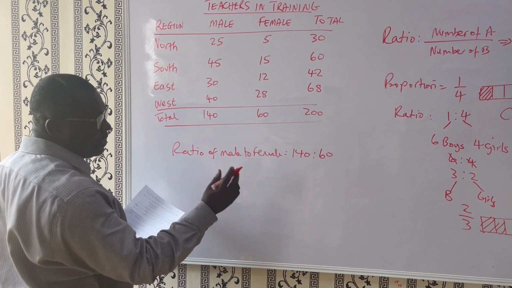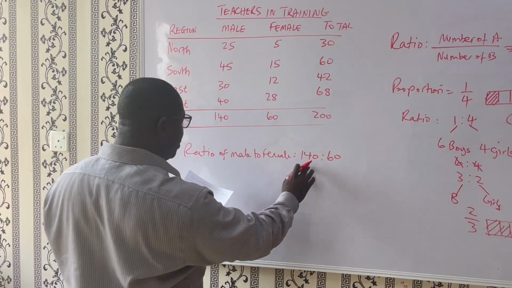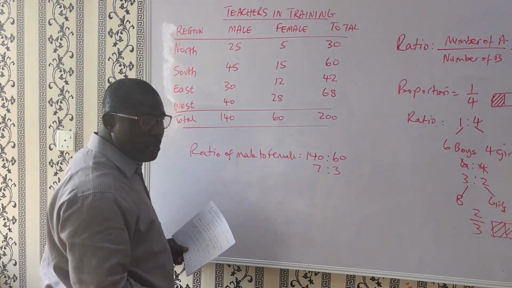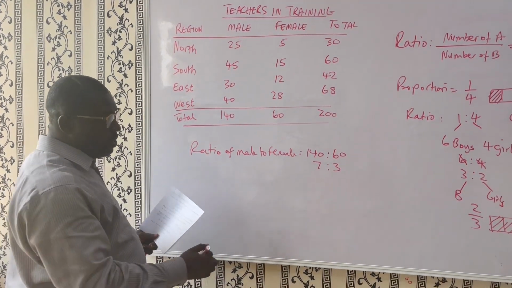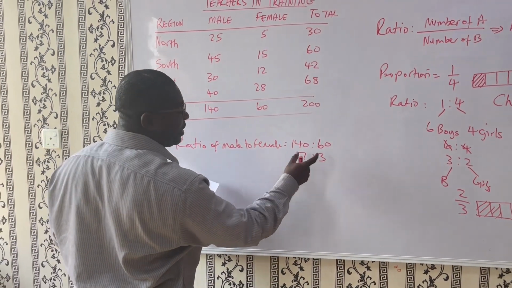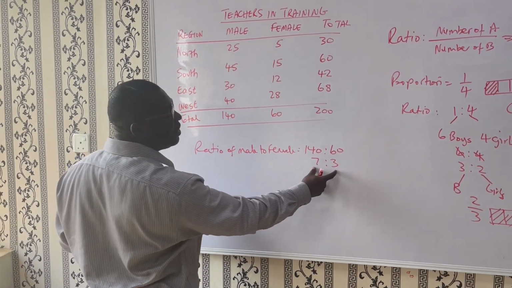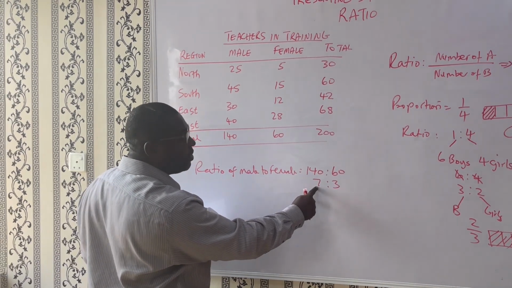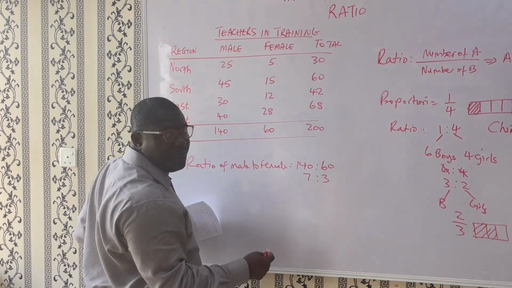If we reduce this further, it will give us 7 to 3. Now we can interpret this way, that for every 10 participants in this training, 7 are male and 3 are female.